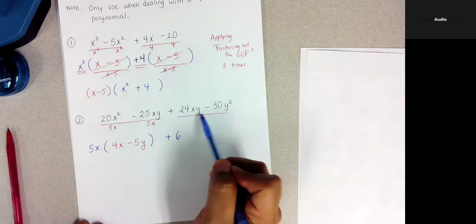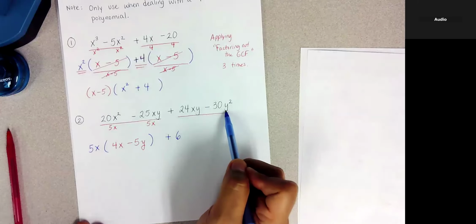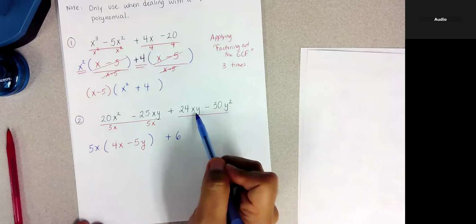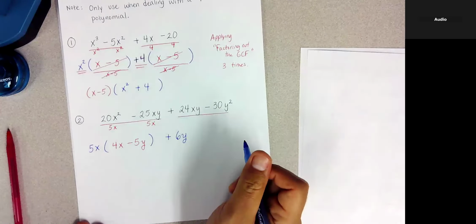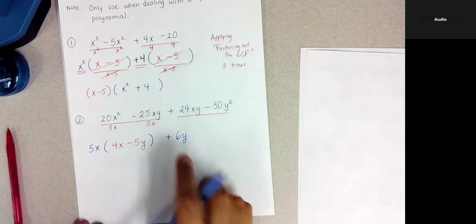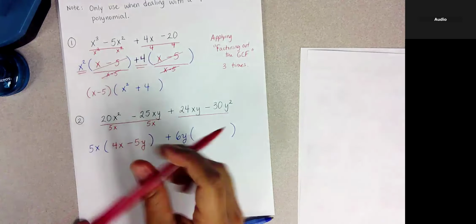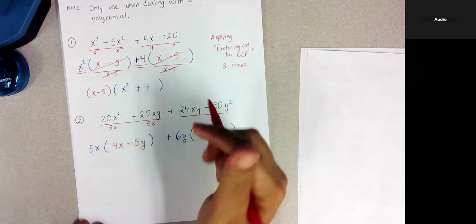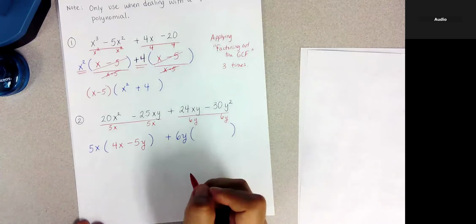And then do we have a variable in common? Well, this one has an x and a y, but this one has a y and a y squared. So do they have a y in common? They have one y in common. So once I identify that as the GCF, I can open up some parentheses, and then I'll divide this GCF out of these two terms. So 6y is what we're dividing by over here.